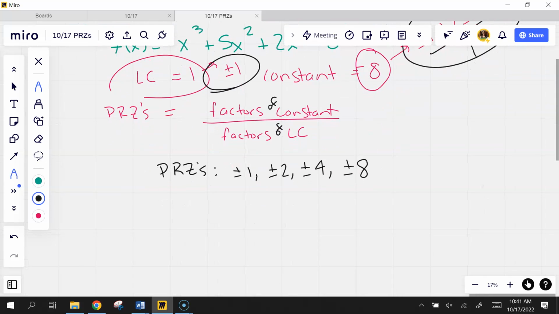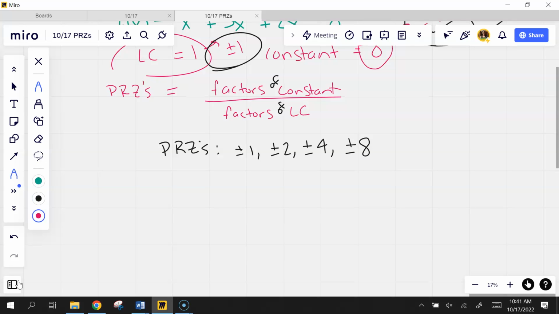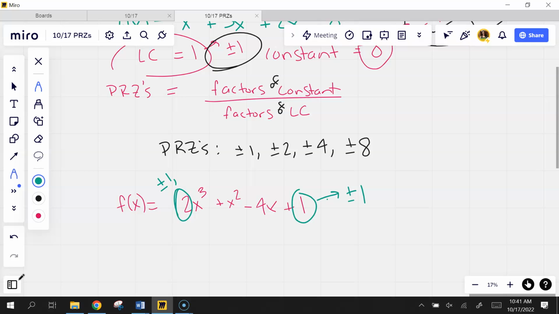Okay, so, well, not quite. Let me show you. Look at the second one. F of x equals 2x cubed plus x squared minus 4x plus 1. What are the factors of the constant? Plus or minus 1. What are the factors of the leading coefficient? Right?